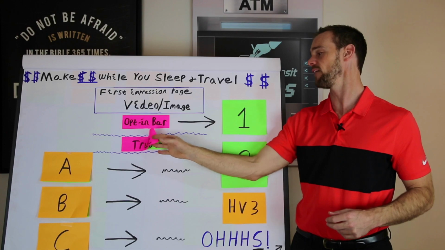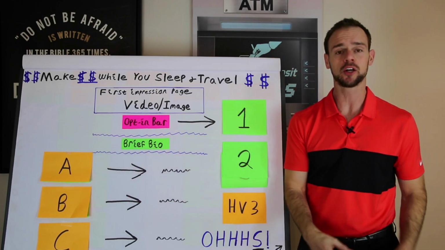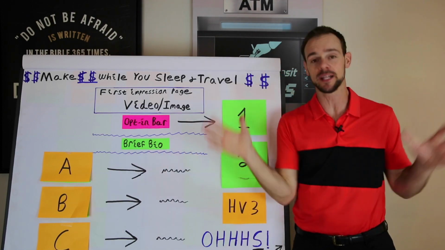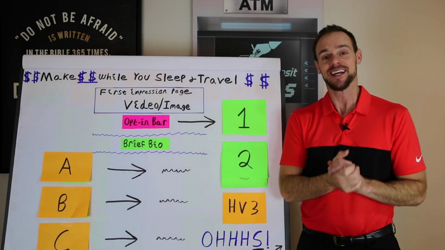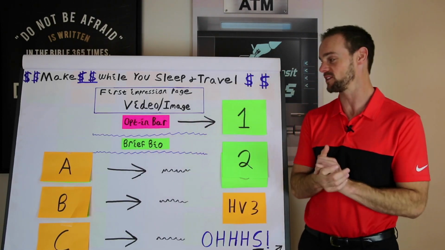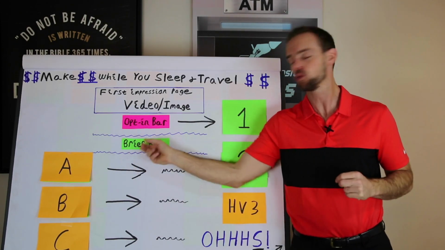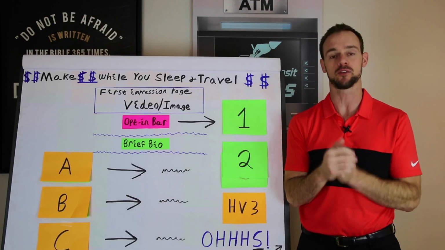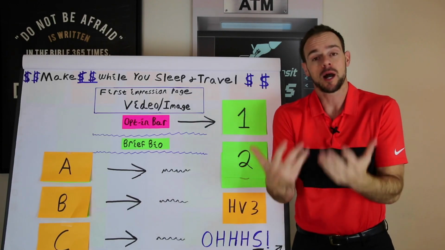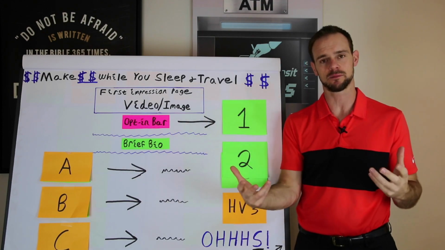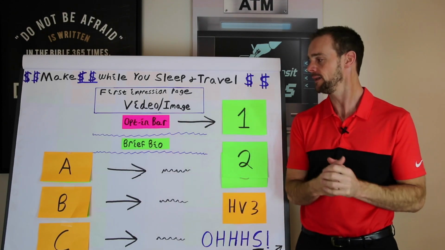And then after that, you're going to include a brief bio. Your bio is not all your credentials, it's not your resume, it's not all the major accomplishments that you've had in life, but it does need to accomplish two things. One, that they can trust you. You want them to know, can I trust this person, this woman, this guy?